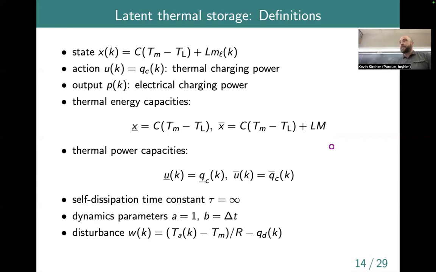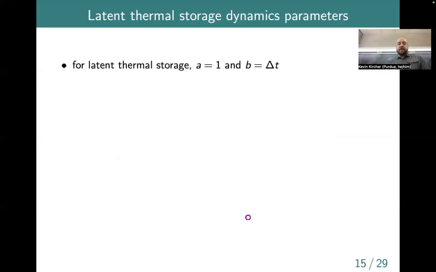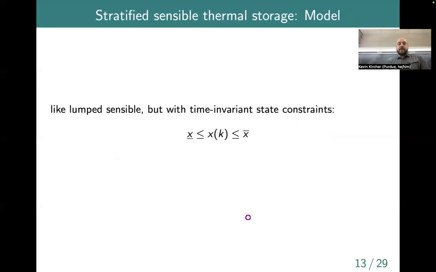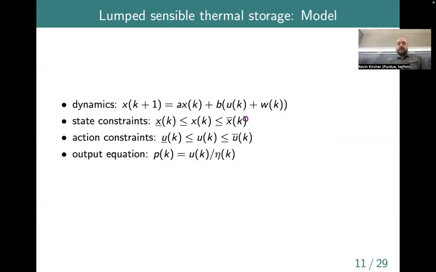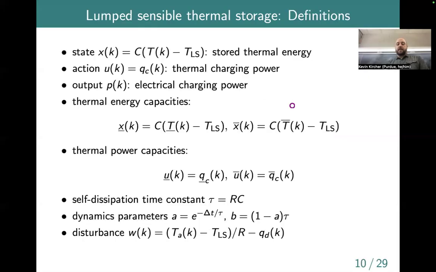Yes. When we're doing B of U plus W, how does that look? Maybe not on this one, but on the last type, we have B equal to 1 minus A times tau. Whenever we're evaluating the dynamics function, how does that work out in an actual equation?